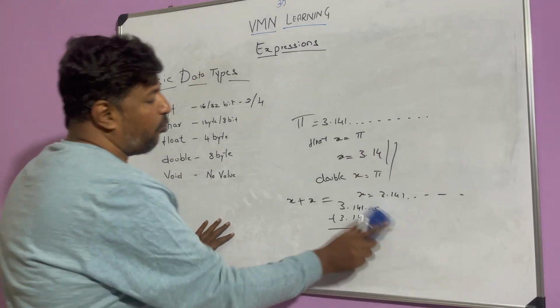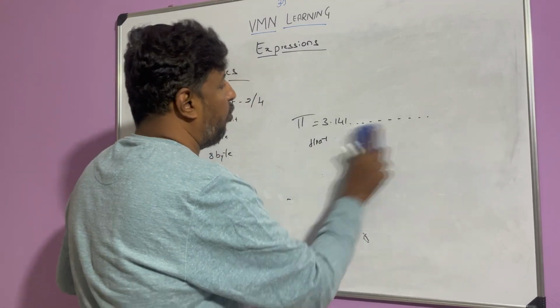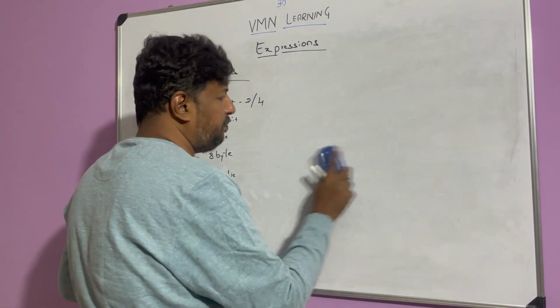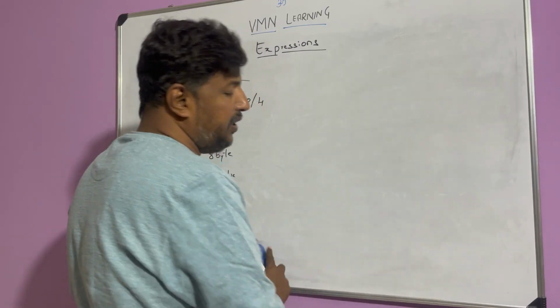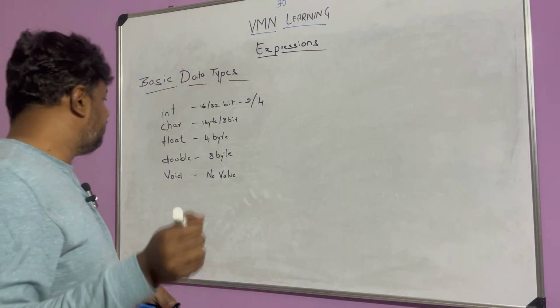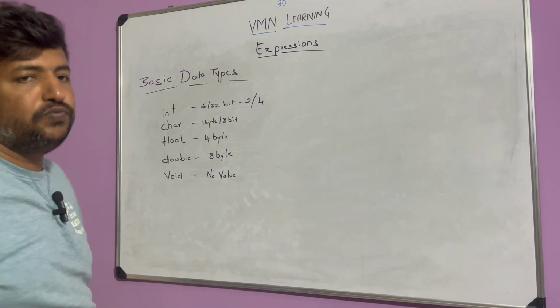Okay, and what is void? Void is a special data type which does not have any value.